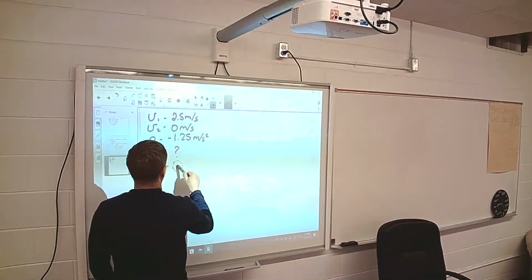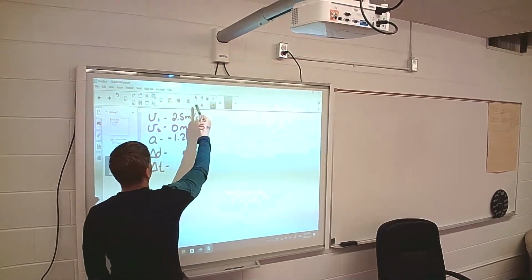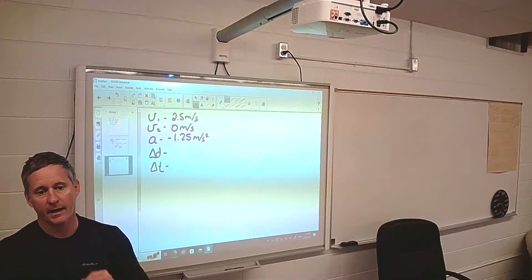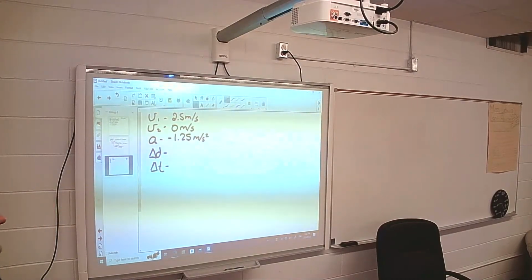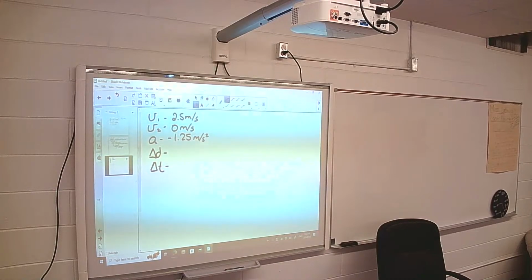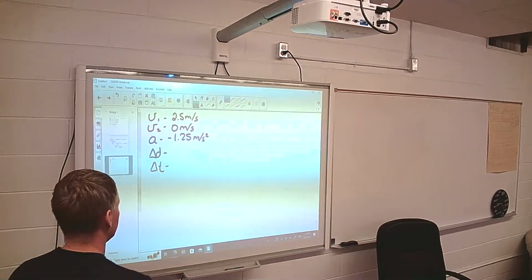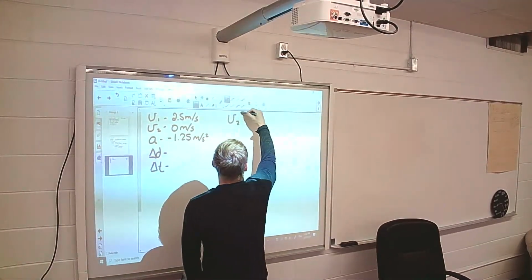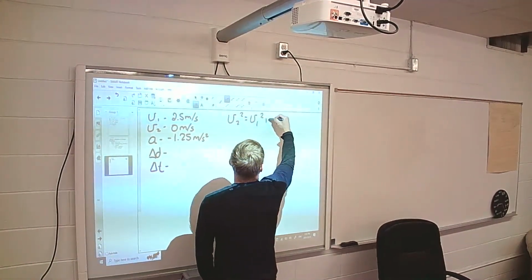Okay, I'm going to work this question through first as if I didn't have that time, using that. So which equation deals with V1, V2, A, and D? The only one that doesn't have time is which equation? V2 squared equals V1 squared plus 2 a d.